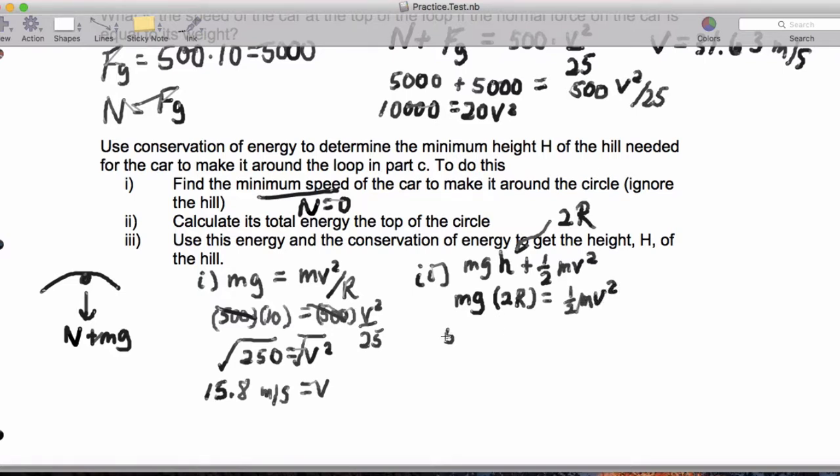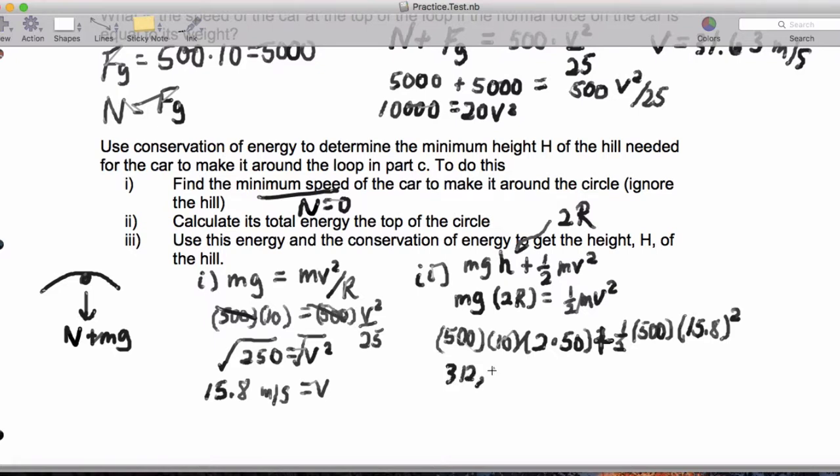And now let's put in some numbers. 500 times 10 times 2 times 25 plus 1/2 times 500 times 15.8 squared. When we actually calculate this out, I'm going to end up getting a total energy of 312,500 joules.